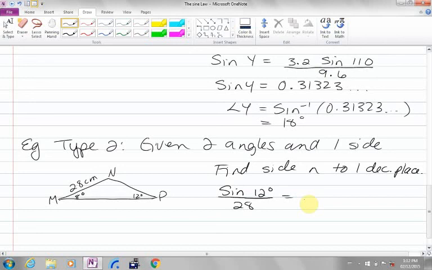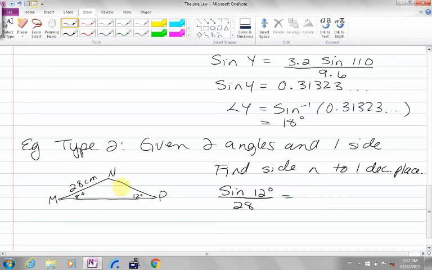Sine 160 over. It's not fair. She knows what she's doing. Okay, gotta let everybody else catch up though. So we don't have angle n. Are we hooped? Nope, clearly not, because she figured it out. If we have 2 angles in a triangle, surely we have 3, because they all add up to 180.